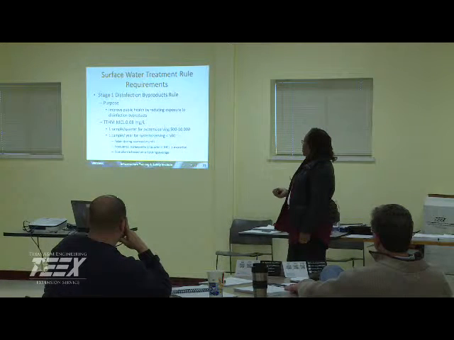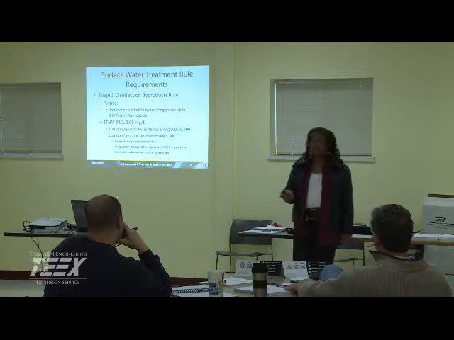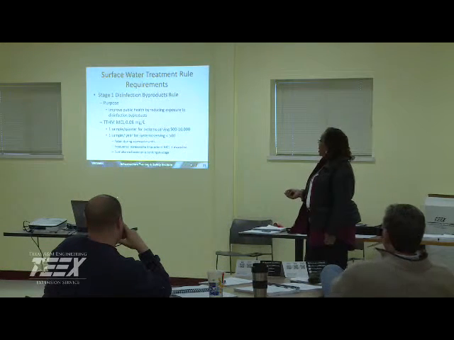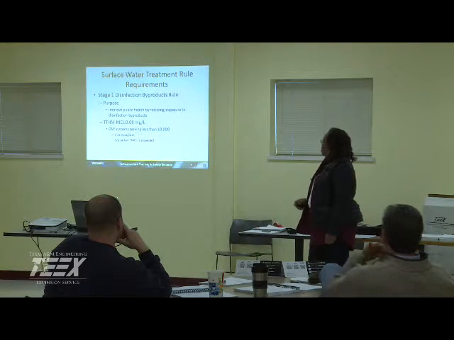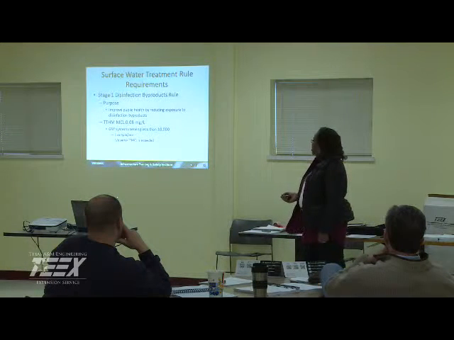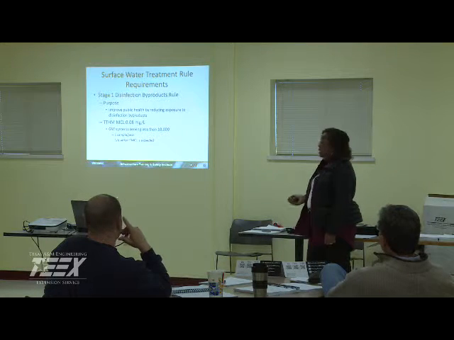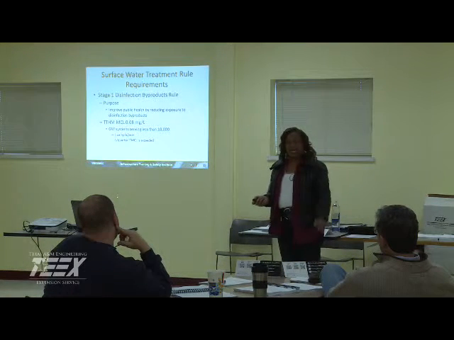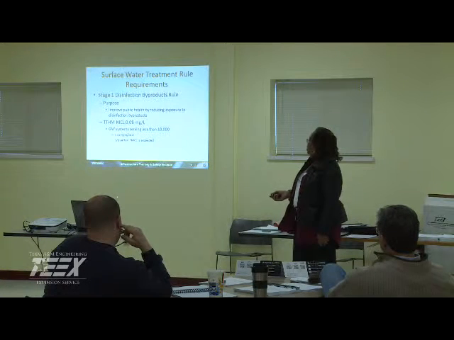Your frequency will increase to 1 per quarter if you're exceeding the MCL, and compliance is based on a running average. For groundwater systems serving less than 10,000, we're pulling the sample once per year, and when exceeding, the frequency increases to once per quarter if you do not meet the MCL.